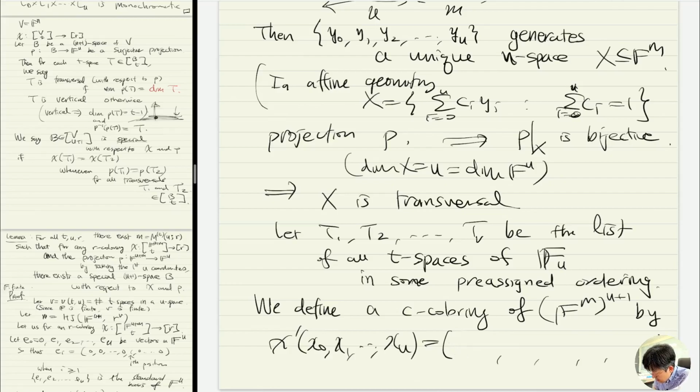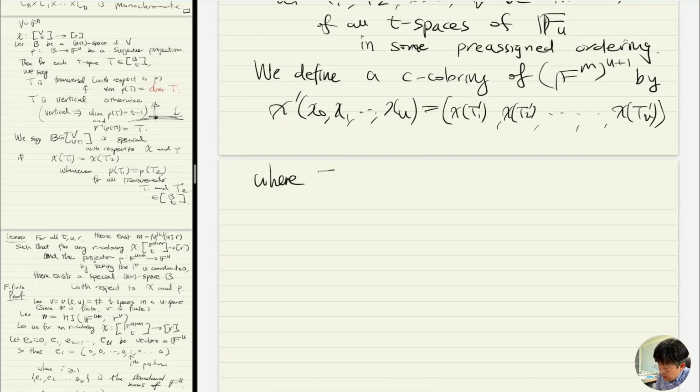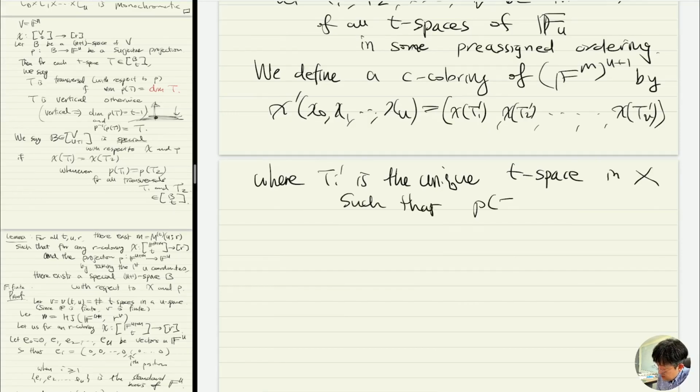So this is chi of T1 prime, chi of T2 prime, up to chi of TV prime, where Ti prime is the unique T space in X such that P of Ti prime is equal to Ti. It's because it's a bijection, there's an inverse, right? So in other words, Ti prime is the P inverse of Ti.